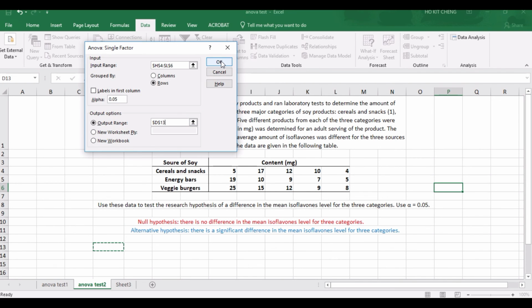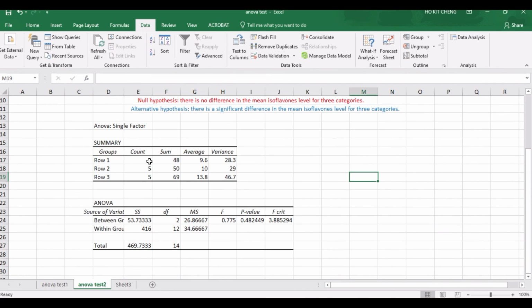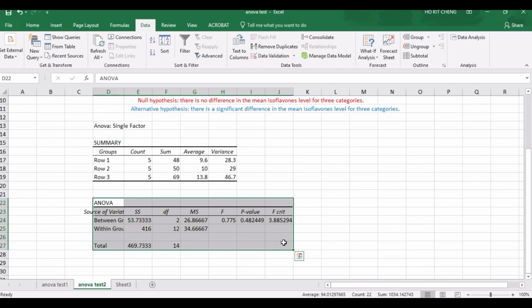Okay, and finally press OK, and we can see that in each group of data there are 5 numbers, and we can see the average and the variance. Here is the summary of the table. For the Anova table, here are the SSB, SSW, and SST, and here are the degrees of freedom.